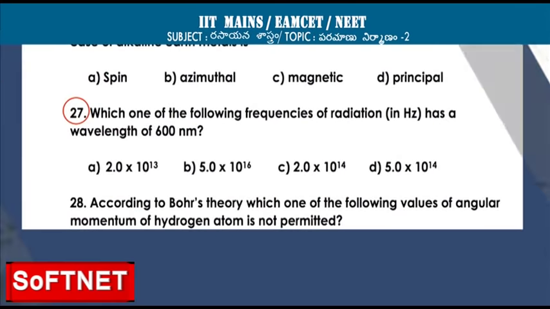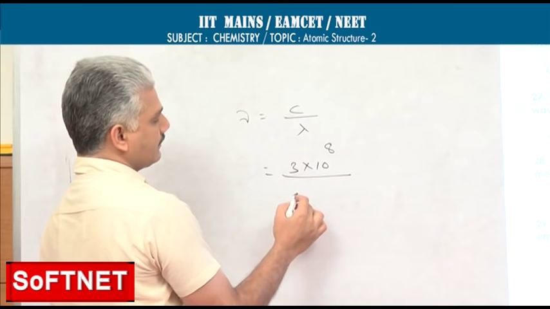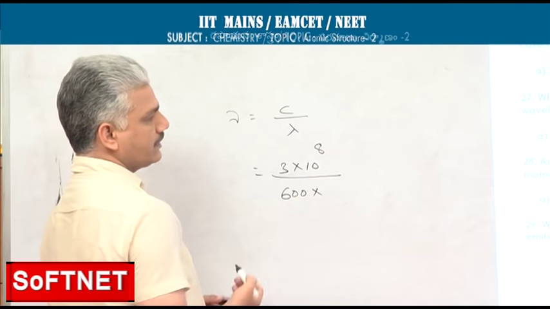Which one of the following frequencies of radiation has a wavelength of 600 nanometers? So, here if we find out the frequency with the given wavelength, that will be the correct option. Frequency is calculated as c by lambda. Velocity of light, if you take in meters, it will be 3 into 10 power 8. Wavelength is given in terms of nanometers.